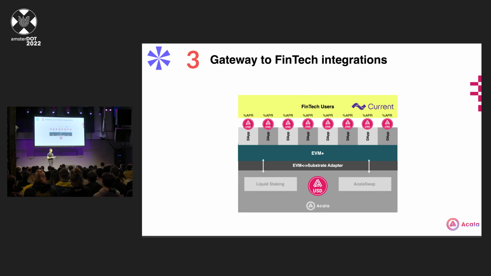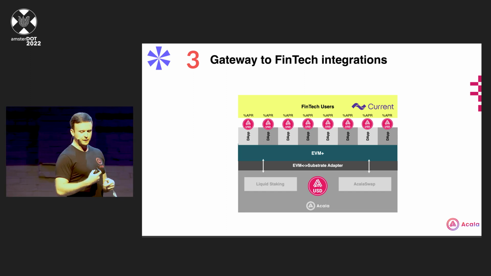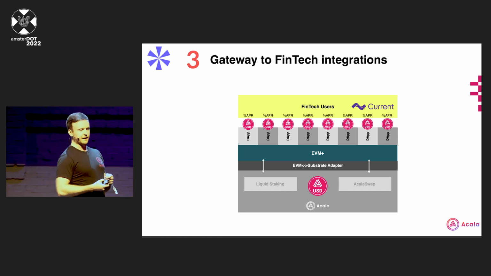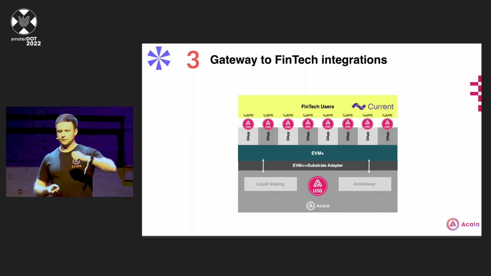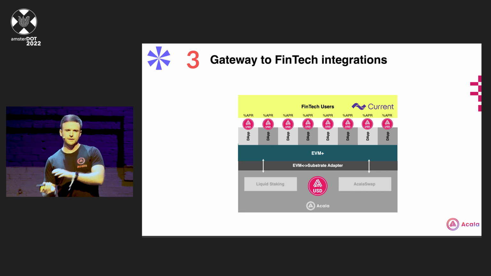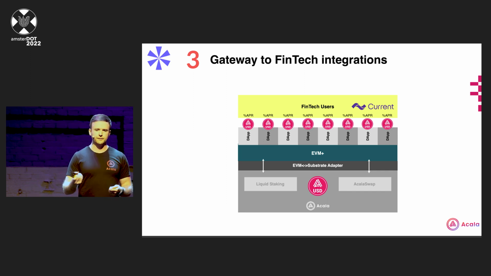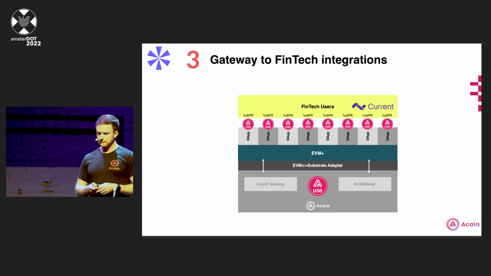So aUSD, being the fuel that helps drive these applications on Acala, will help bring yield to Web 2 or fintech customers using these apps on their iPhones or their Androids.